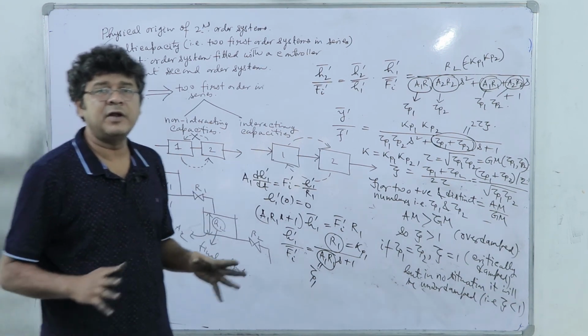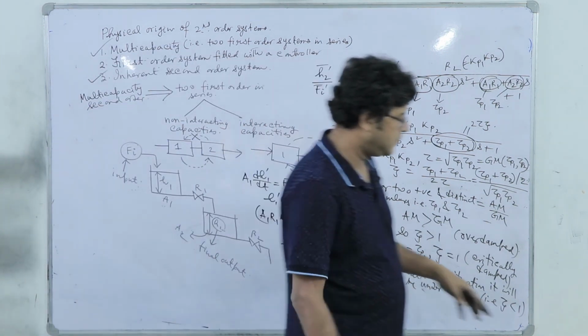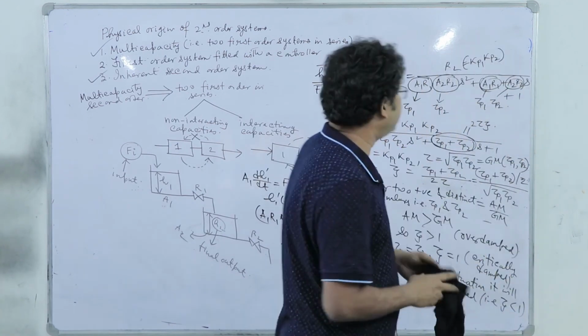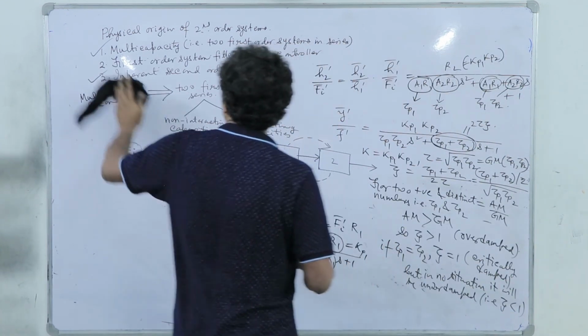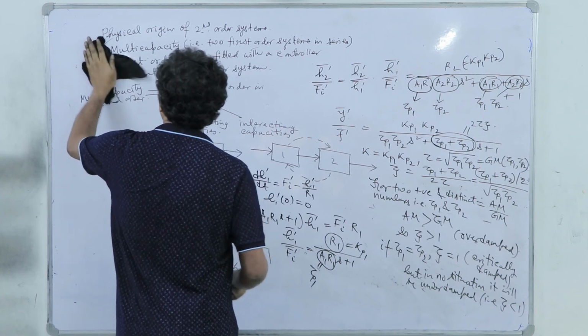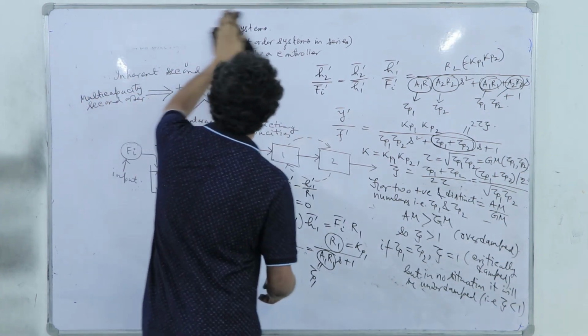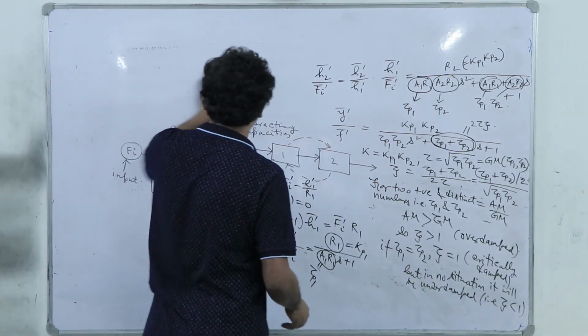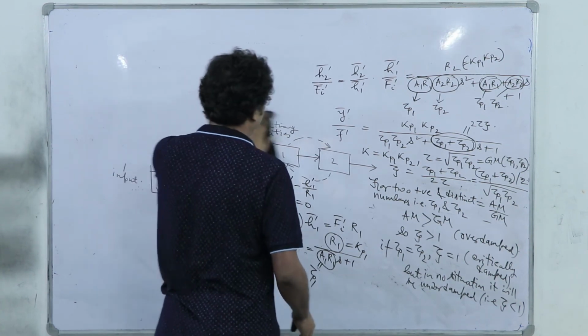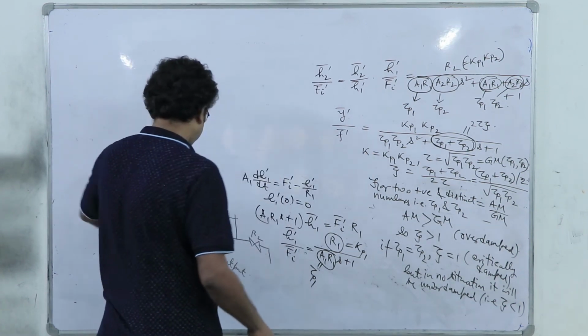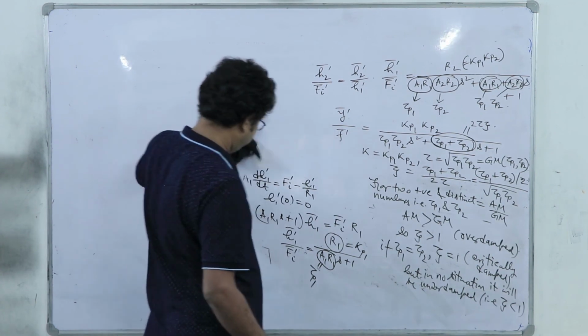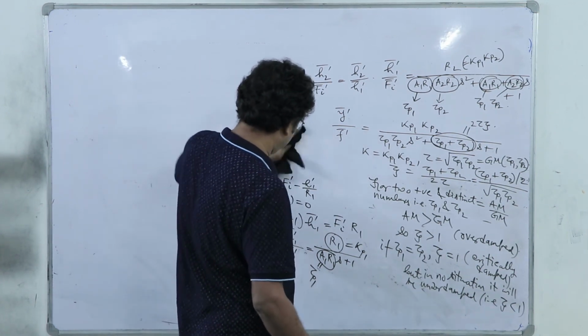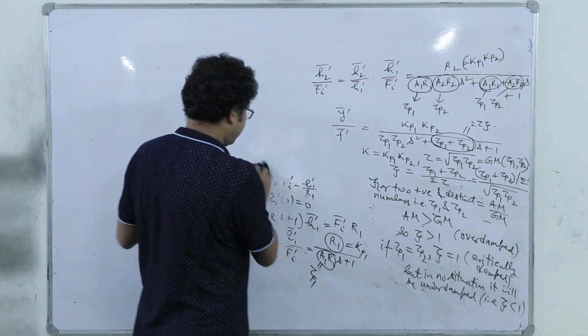It can never produce oscillatory response to a step input in Fi. Definitely it can produce oscillatory response if the input itself is oscillatory. That we will see when we go for the chapter of frequency response, towards the last few classes of process control.